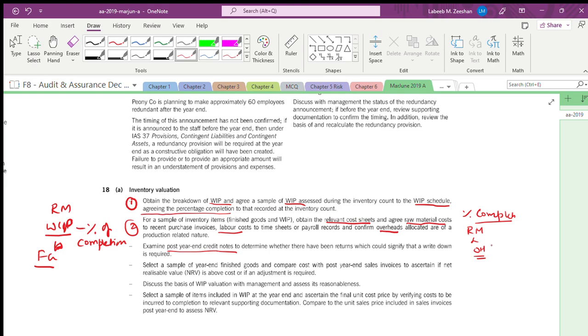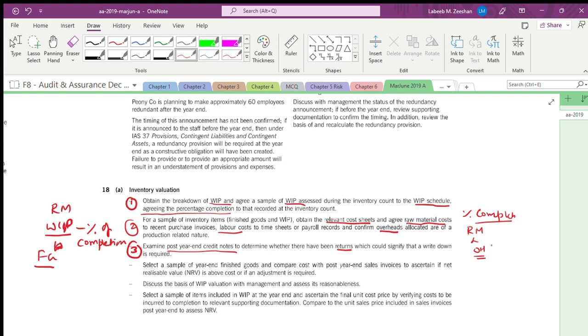In the next transactions, you can readjust that amount to the payments. You have to examine any post year end credit notes, whether there have been returns which signify that there is something which has to be adjusted.